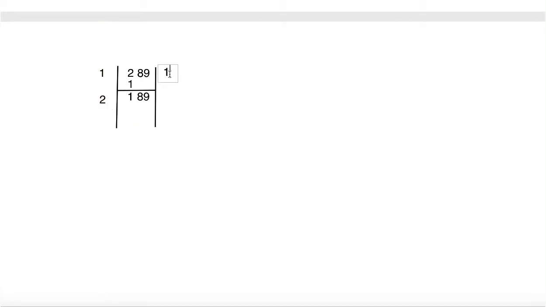How much can we keep? 9 is there. You can try with 3. 3 nines are 27, 3 sixes are 18, not enough. 4, 5, 6, 7. 7 I think is the number we have to try with. 7 sevens are 49, 9, carry 4. 7 twos are 14, plus 4, 18.